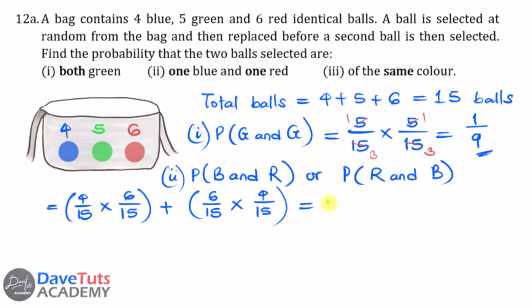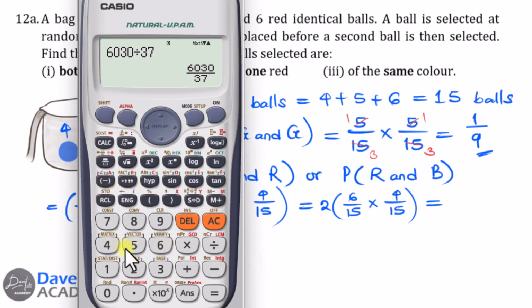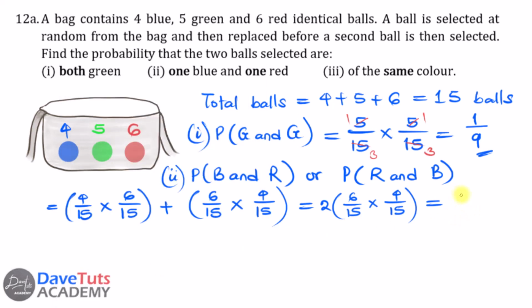Or we can even simplify that: this is nothing but 2 multiplied by 6 over 15, because it's the same thing, times 4 over 15. So we can use our calculator to evaluate this: 2 into brackets, first we have 6 over 15, then we multiply that with another fraction which is 4 over 15. We close that, check that we are on track, and that is 16 over 75. So this is 16 over 75 as the probability of picking 1 blue and 1 red.